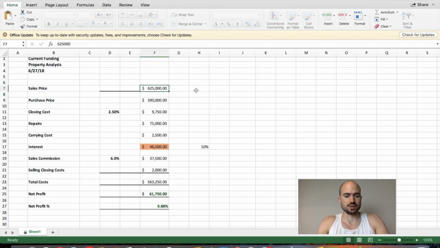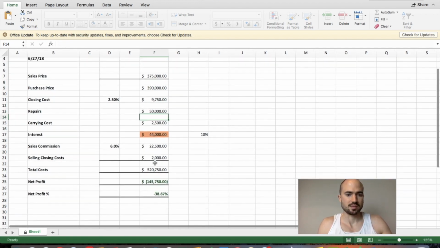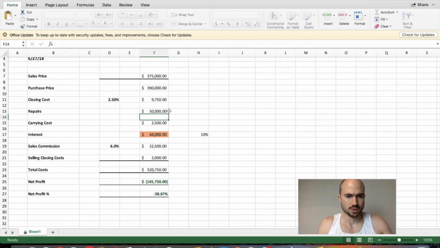So this is my cool little deal analyzer. Let's say the after rent, let's use their number, 375. Let's say repairs cost 50,000. This is what my hard money lender charges. Each hard money lender is different, but it's going to be roughly the same. Okay, purchase price. Let's say I bought it at 215. That would probably be a decent deal.